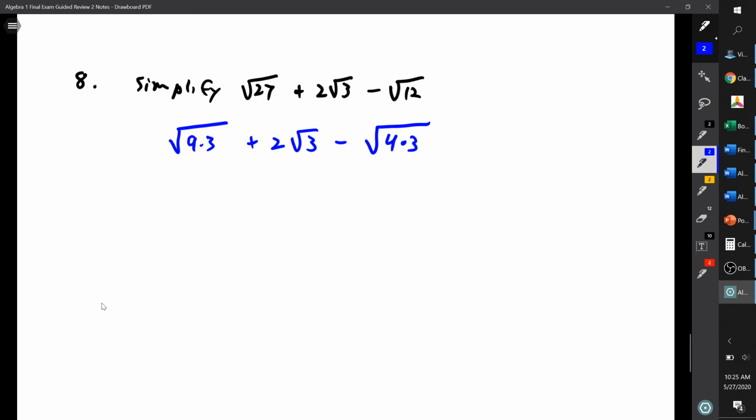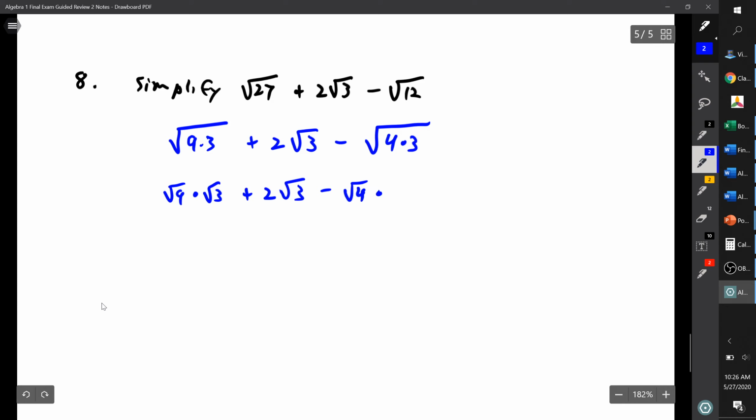I could rewrite this as square root of 9 times square root of 3 plus 2 square root of 3 minus square root of 4 times square root of 3. If you're multiplying values inside of a square root, you can rewrite it as individual square roots being multiplied.